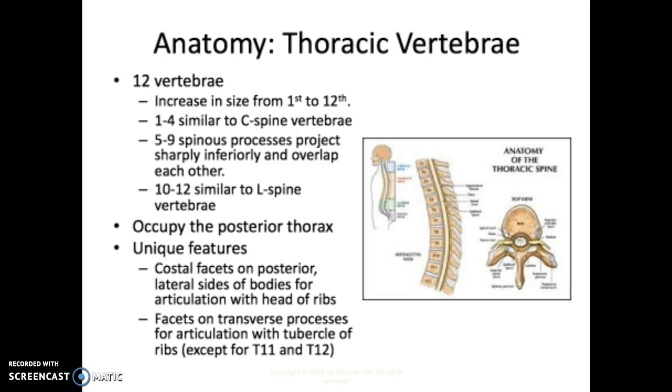Unlike other vertebral bodies, the thoracic bodies have costal facets that articulate with the ribs, and the transverse processes have facets that articulate with the tubercles on the ribs.